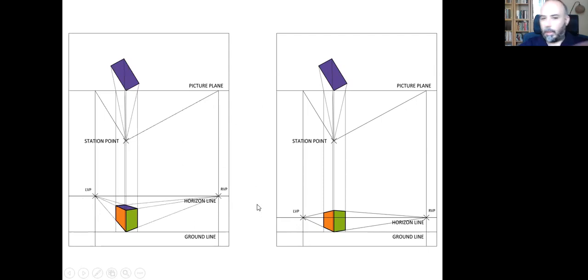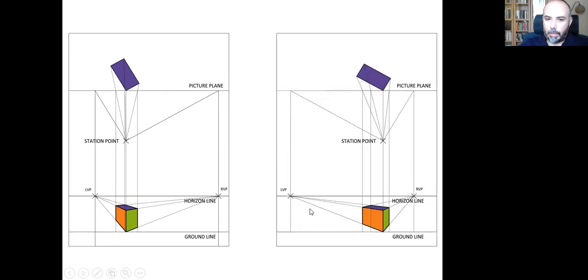Just to compare the first position and the second position, we can look at them side by side. Here in the first exercise, the horizon line was here, and here in this one, we just changed the level of the horizon line, and the rest is the same, so that the difference is like this between the two examples.